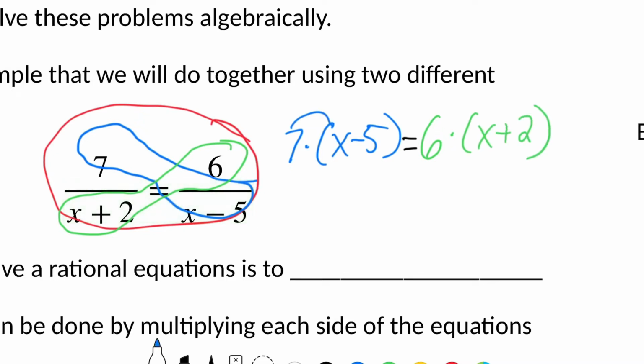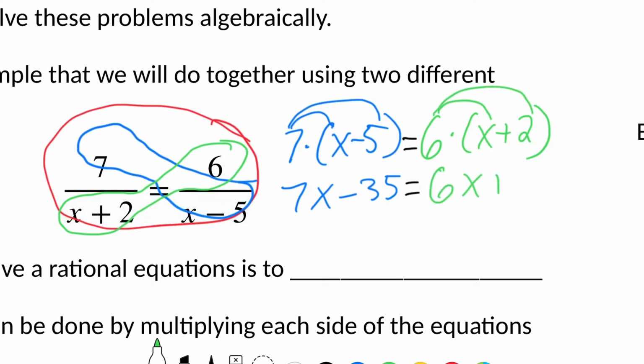So we're going to simplify both sides as far as we can and solve for x. So we have 7x minus 35 equals 6x, 6 times x, and then 6 times 2 is 12.